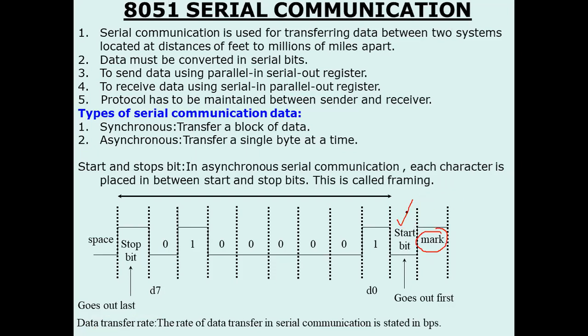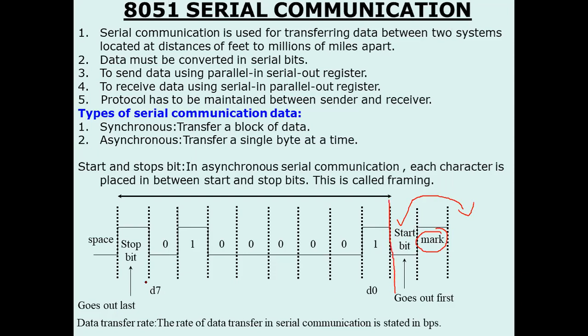Particularly this is sent by the sender, and at the receiver side, when this start bit is received, then the receiver microcontroller understood that इसके बाद जो डेटा आएगा that is the particular data. ठीक है, ये start bit है, that indicates the receiver that after this whatever comes, that is the information.